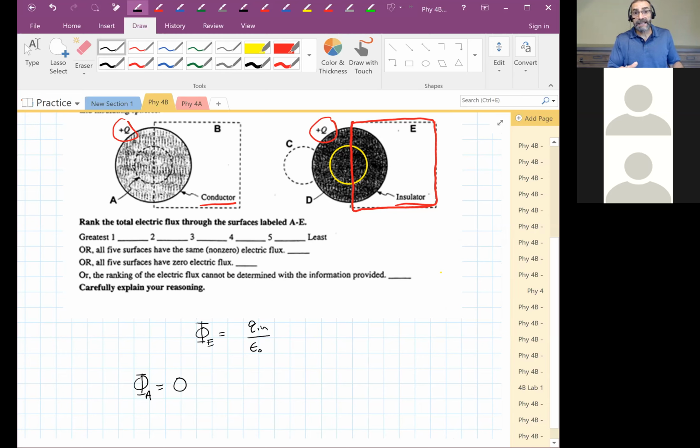B is going to contain exactly half of the charge because the charge is going to be uniformly spread over the whole surface, and B cuts it right in half and includes exactly half of the sphere. So B has half of the charge.